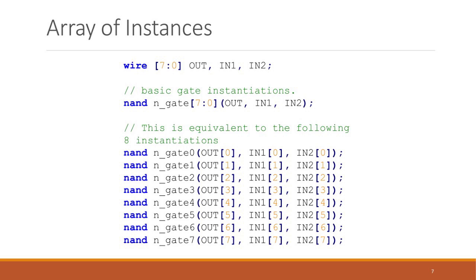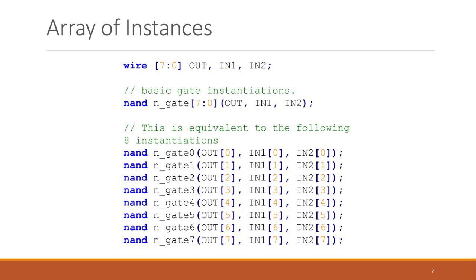This you can do easily with one line of code as given in the example. So you first use the NAND keyword and then a name for the array of gates. Since we are going to define an array of NAND gates, we are giving a name for this whole array, and the name given here is n_gate.